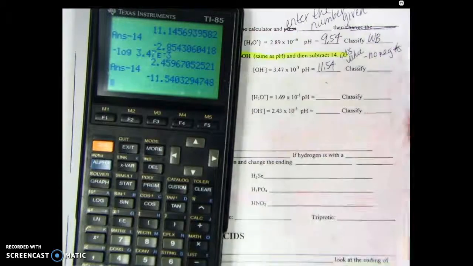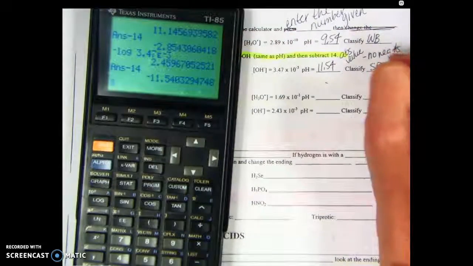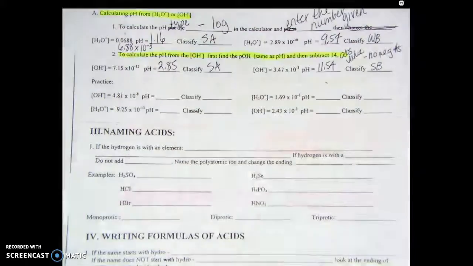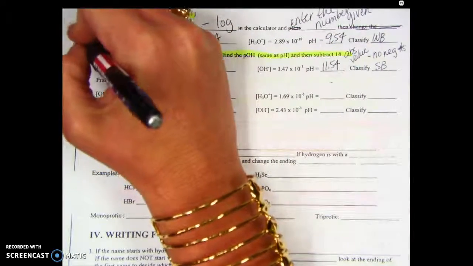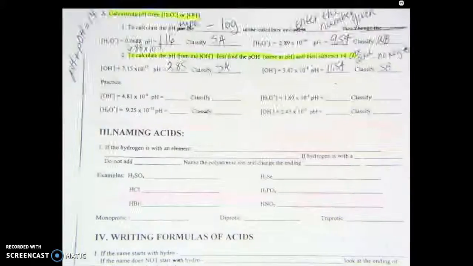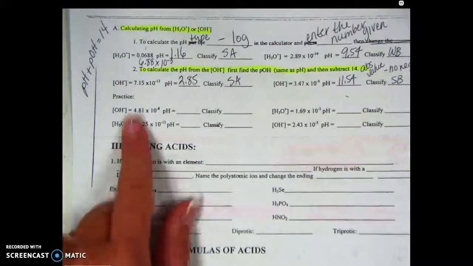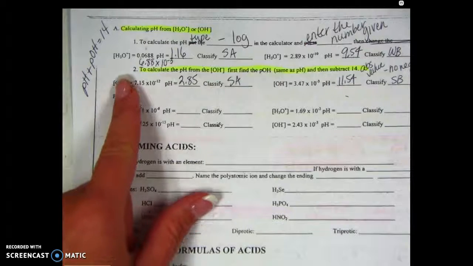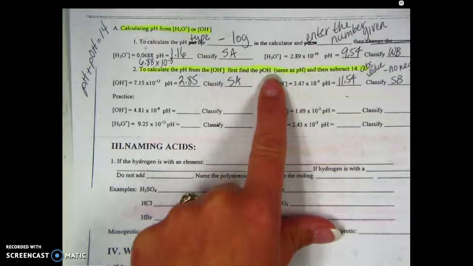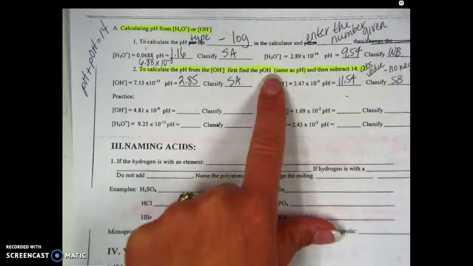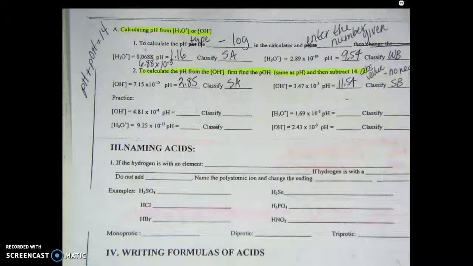And our pH plus pOH equals 14. Okay, because our pH scale goes to what? 14. And our pOH is on the base side. And I want to look at the pH.